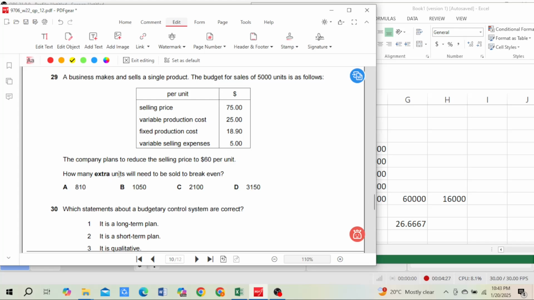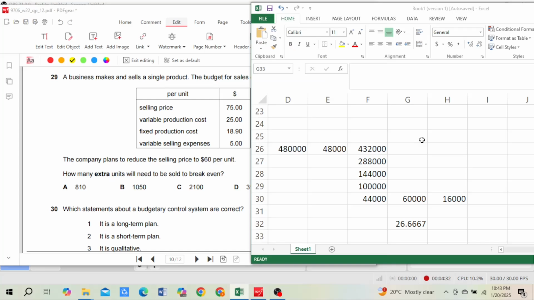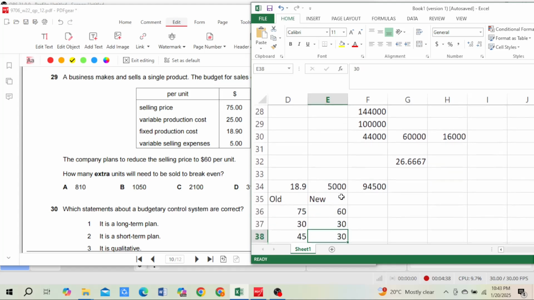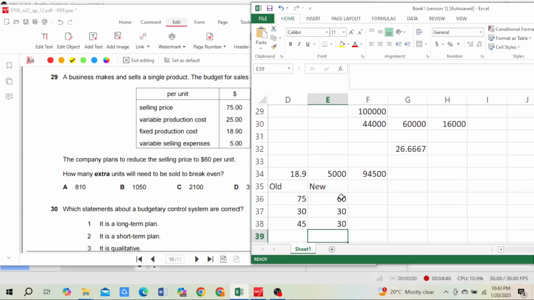How many extra units will need to be sold to break even? So we need to find out the break-even point. There are two break-even points we need to find out: the new break-even point and the old break-even point.